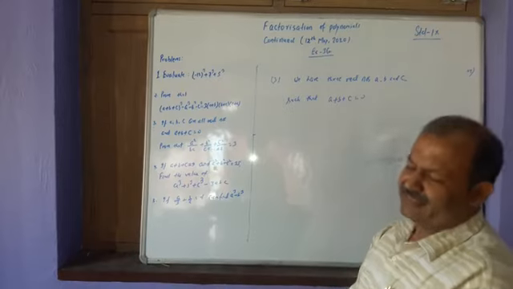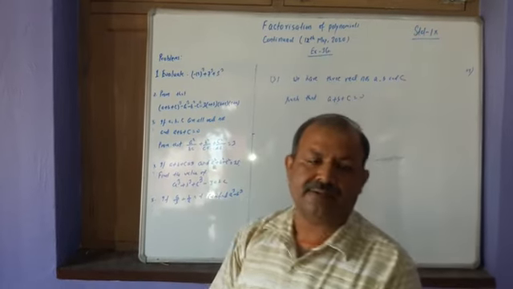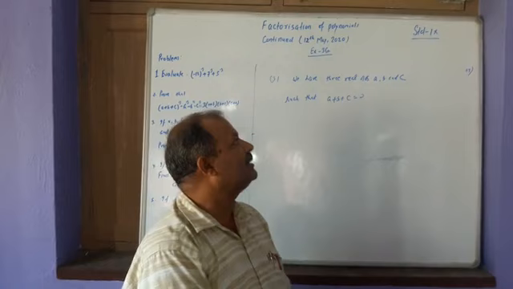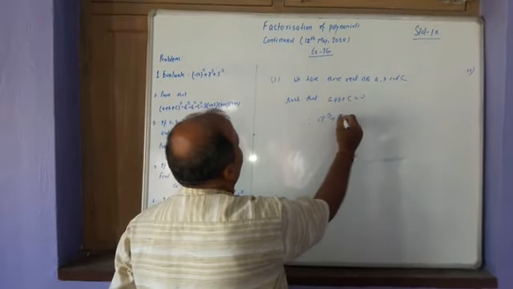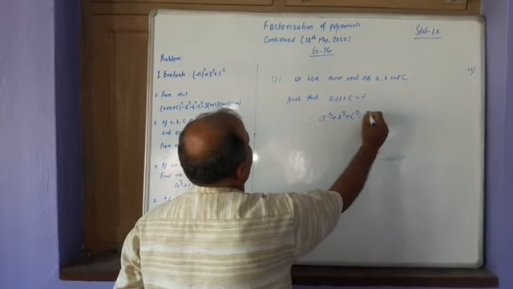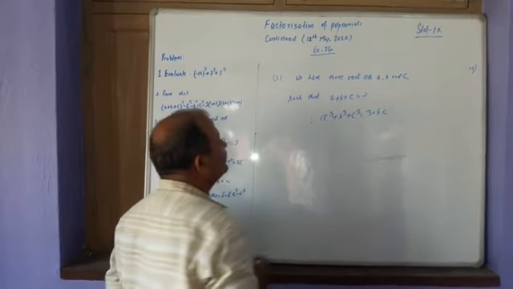And in the next second identity we have learned, if A plus B plus C is equal to 0, therefore A cube plus B cube plus C cube is equal to 3ABC.